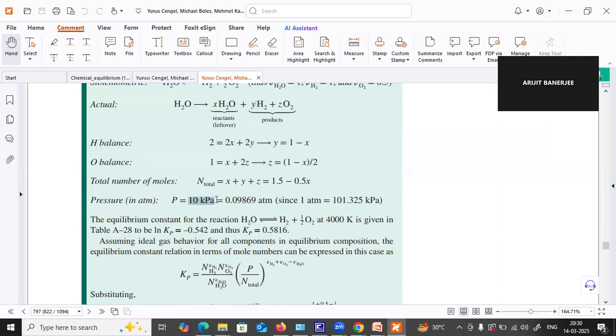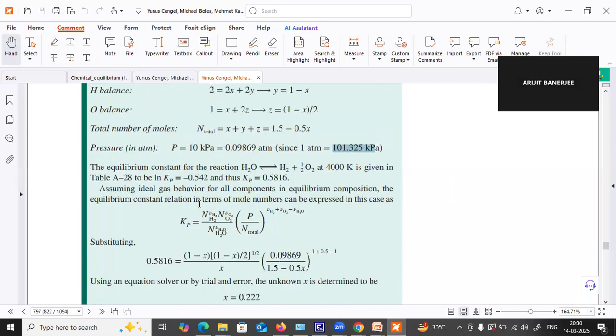This is the total pressure, at a low pressure condition. So we can convert this kilopascal into atmospheric pressure, because the tabulated values are in terms of atmospheric values.